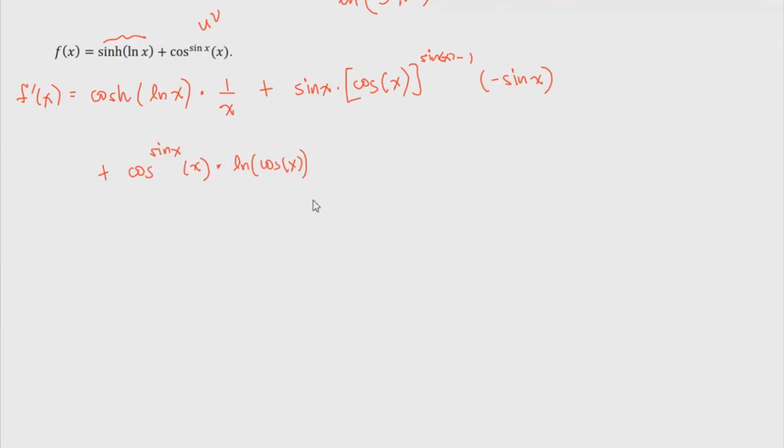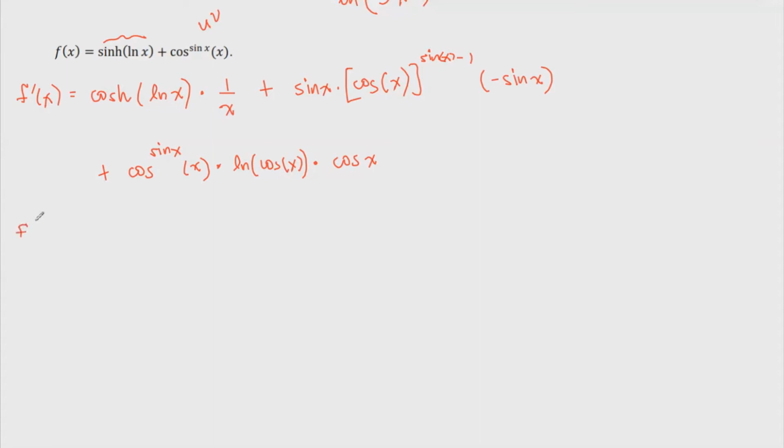And then we proceed. So you copy the expression, you multiply that with the ln of the base, and then you multiply it with the derivative of the exponent. So the derivative of the exponent is simply cosine of x. Okay, so we're done with the derivative.